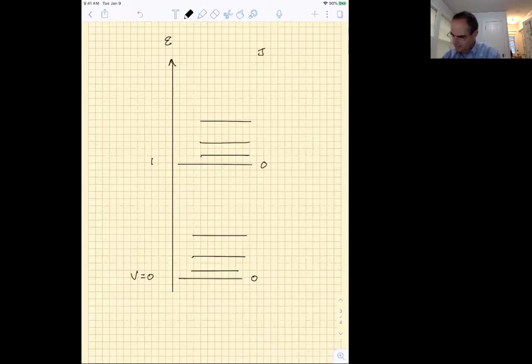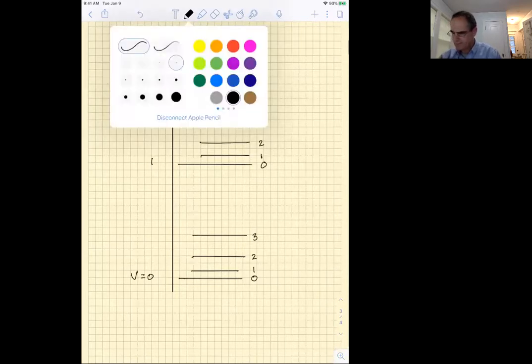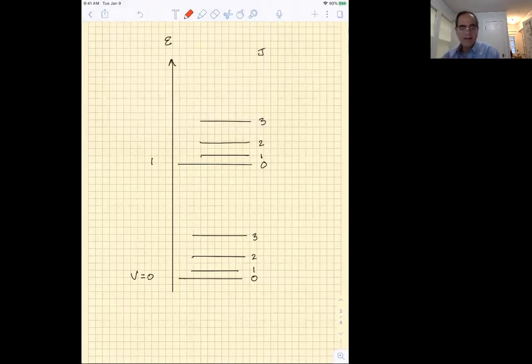Like so. All right. And now we can draw in the kind of transitions that we're interested in. So for R branch transitions, delta J is +1.